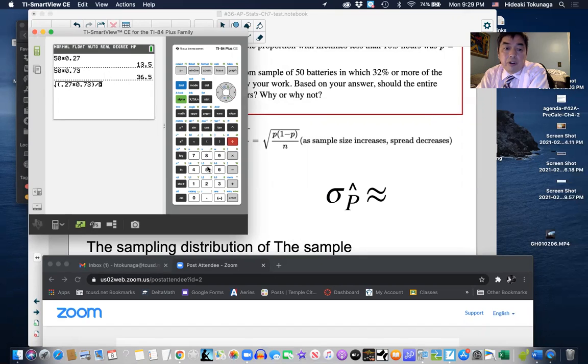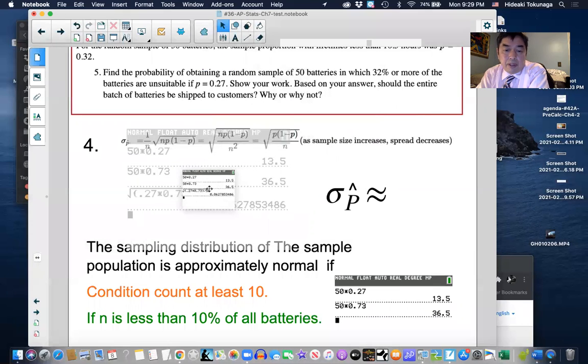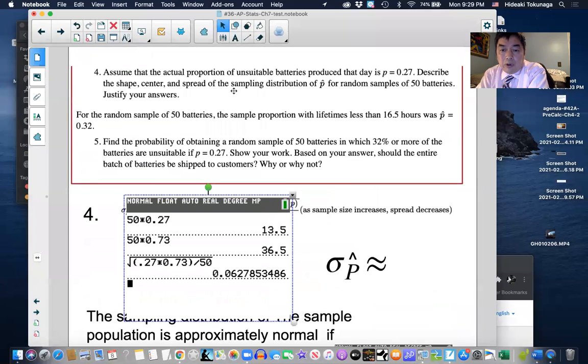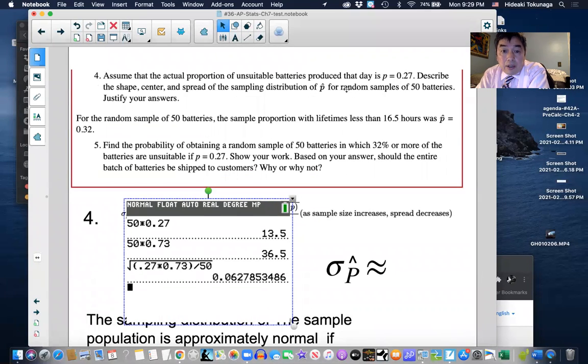So square root, divided by 50. Okay, I will enter this. So this is a new standard deviation, the standard deviation of the sampling distribution of p hat. So that's all this.